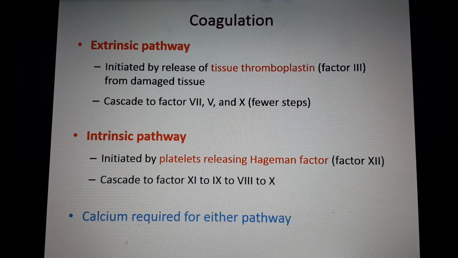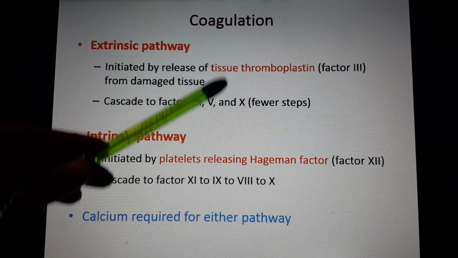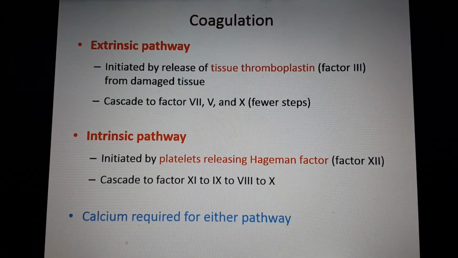Lastly, just some stuff I don't want you to focus attention on dealing with platelet function. On this slide showing the different pathways and how they cascade with these different factors that help move along the process of coagulation, or clotting of the blood, I don't want you to know which step goes with which factor.